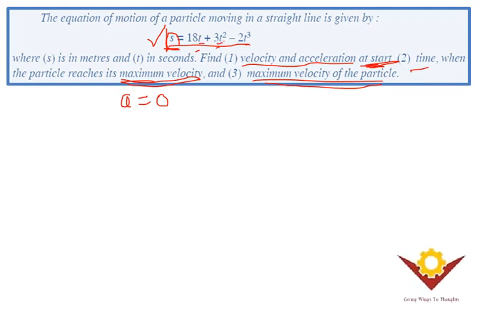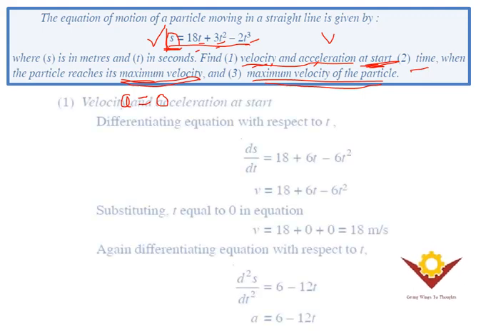Your time variable is there, so you are going to get one more equation. What is ds by dt? The velocity. So if you differentiate this, you get velocity, and if you differentiate that velocity, you get acceleration.